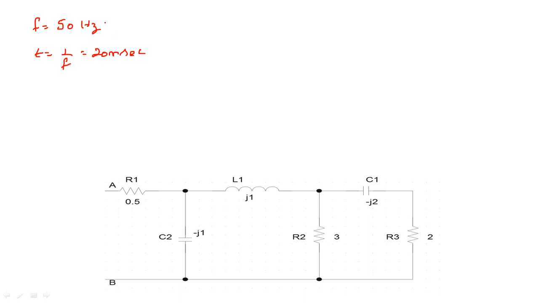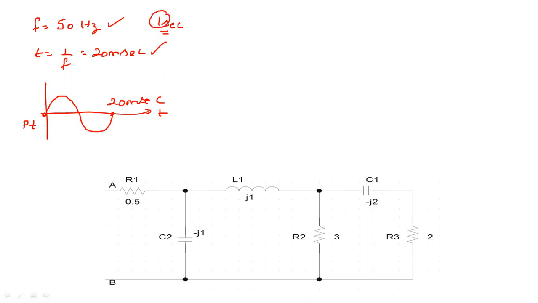So what have you understood as 50 hertz and what have you understood as 20 milliseconds? 50 hertz means for 1 second you will have 50 cycles, and 20 milliseconds means the time taken for 1 cycle is 20 milliseconds.